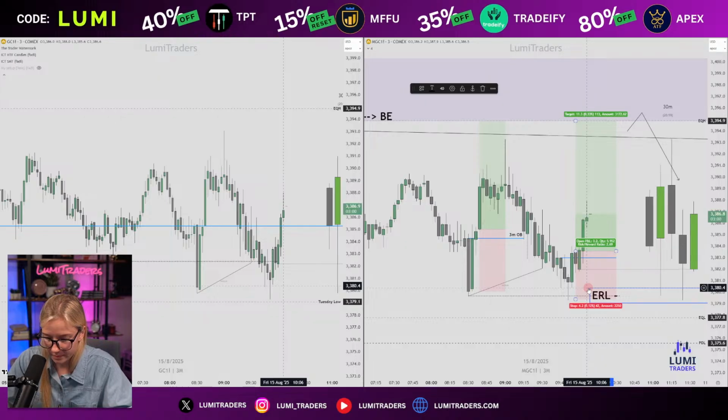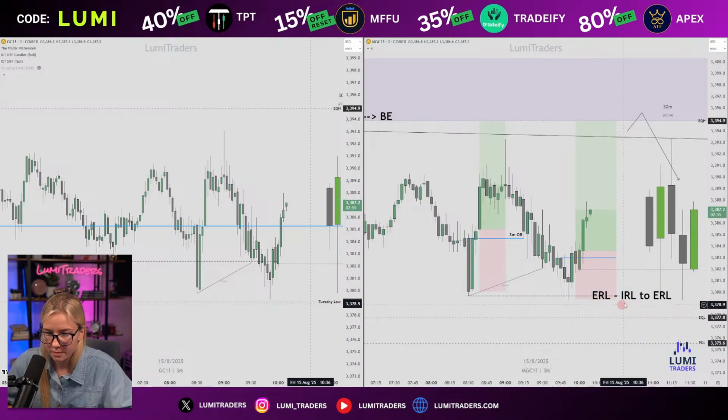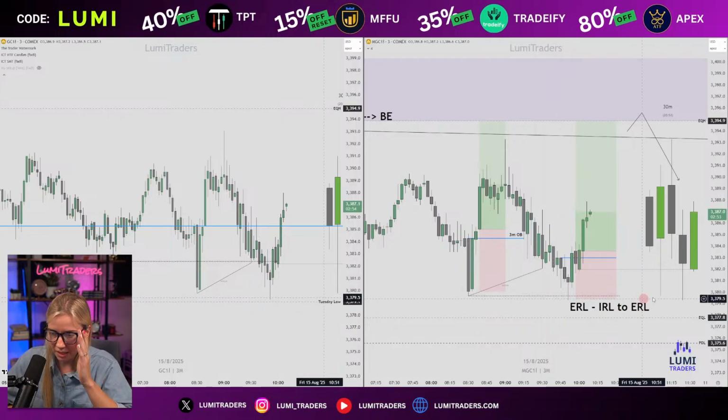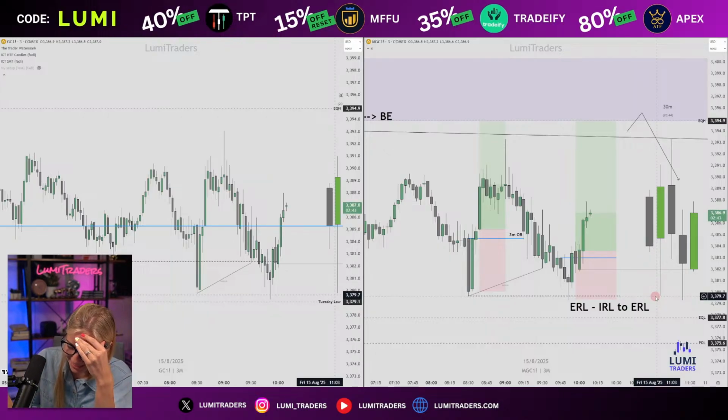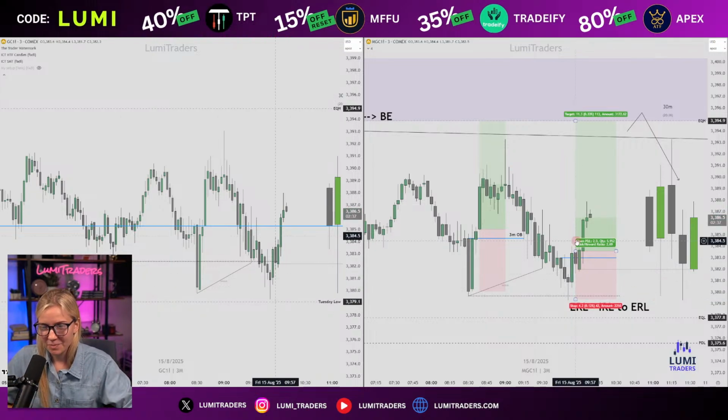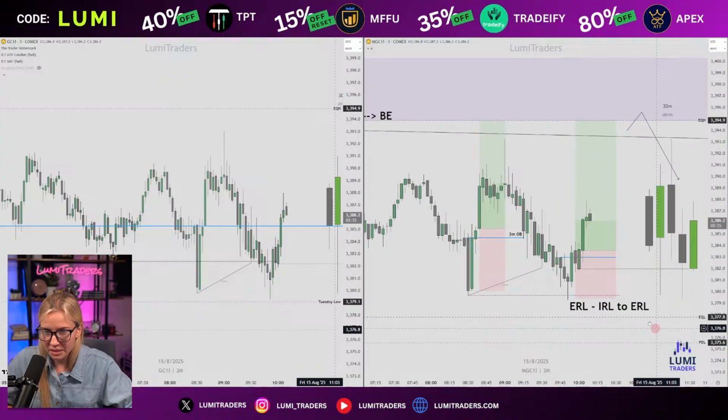Ideal plan. I just typed this in the chat. You think it's going to drop because everyone is long this? Because, yeah, it's obvious long to internal range liquidity. But target remains lower.